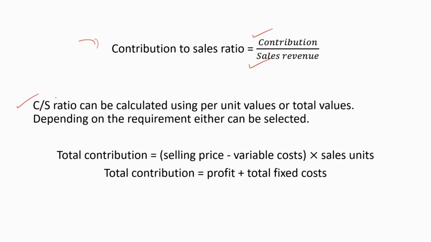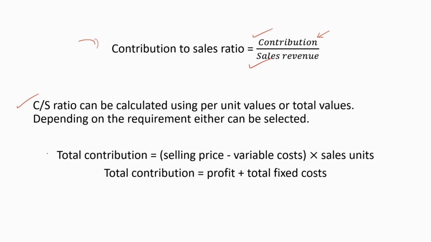CS ratio can be calculated using per unit values or total values. Depending on the requirement, either can be selected. This means here we can use the contribution per unit value or the total contribution.